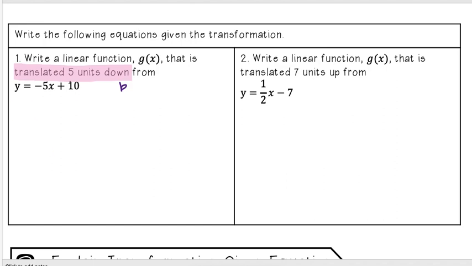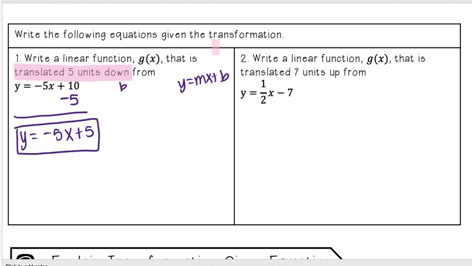Remembering that this is y equals mx plus b, my b value is 10 for this equation already. But now I want to go 5 units down from it. To do that, I'm just going to subtract 5 from that 10. And so I get that y is equal to -5x plus 5.